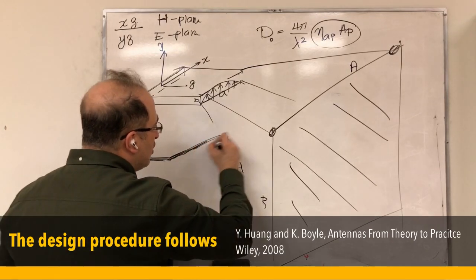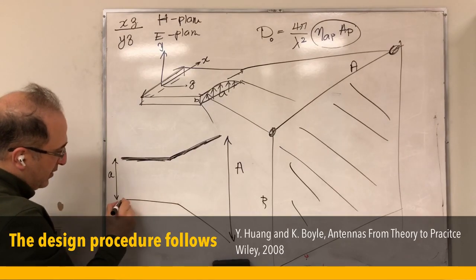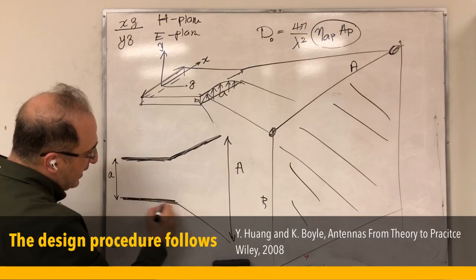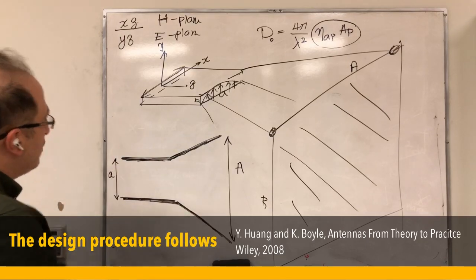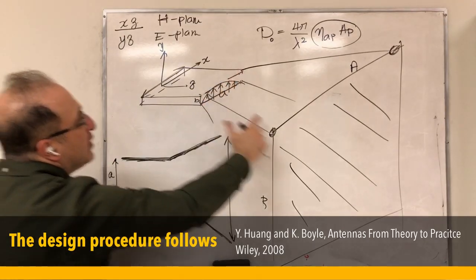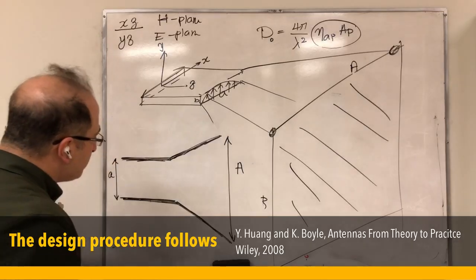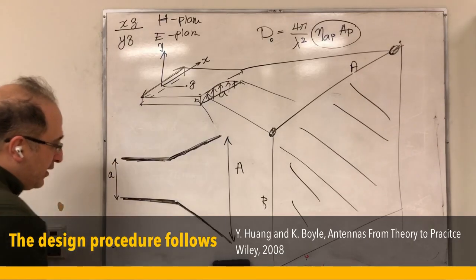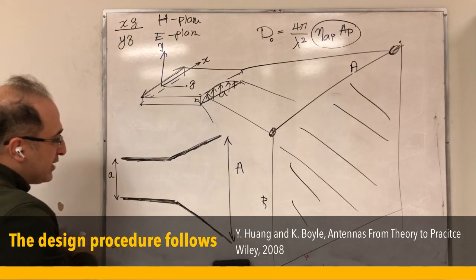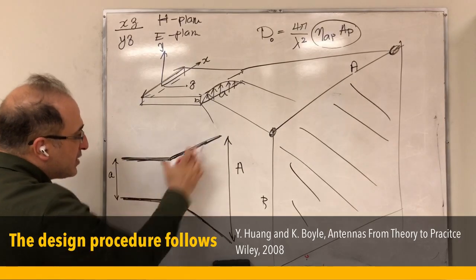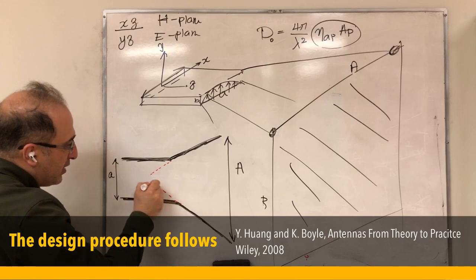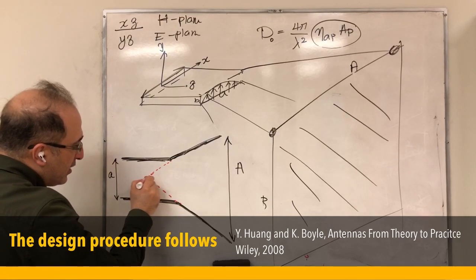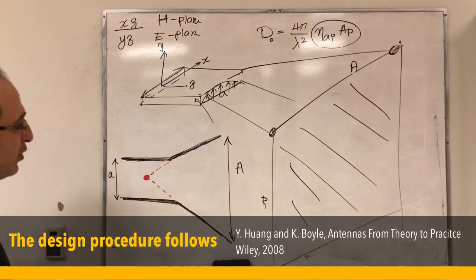You can also look at it more carefully. This is the XZ cross section. So you go from a small a to capital A. And the other thing, I can have a couple more things. For example, these two sides, if I continue them, they're going to intersect at this point.